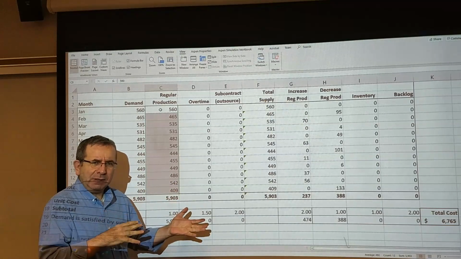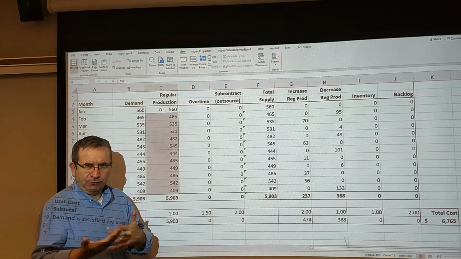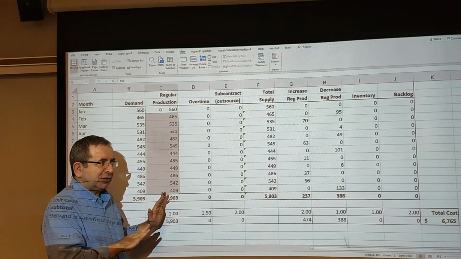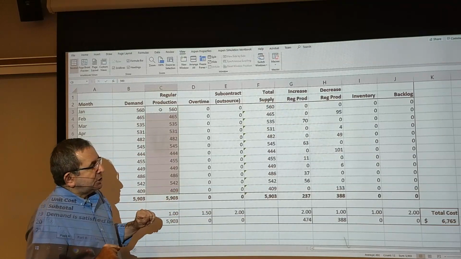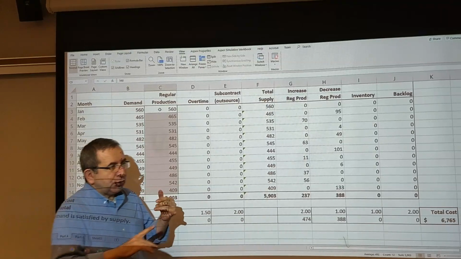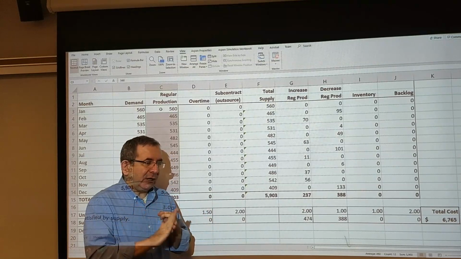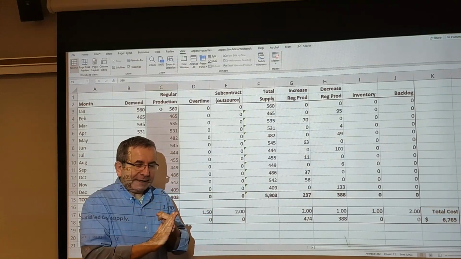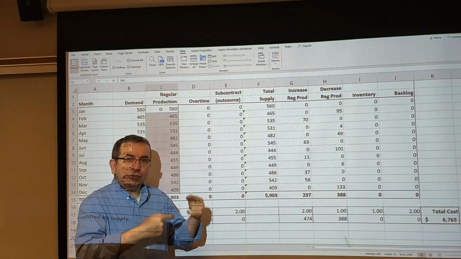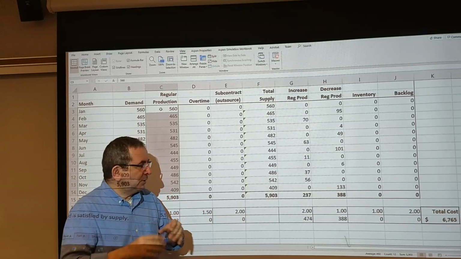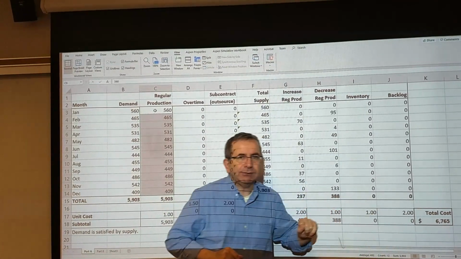Some of you may be familiar with Excel solver, some of you may not. Don't worry, I start from scratch. So in the assignment, you're going to do level strategy, chase strategy, and hybrid strategy, and you'll choose the one that gives you the lowest total cost.